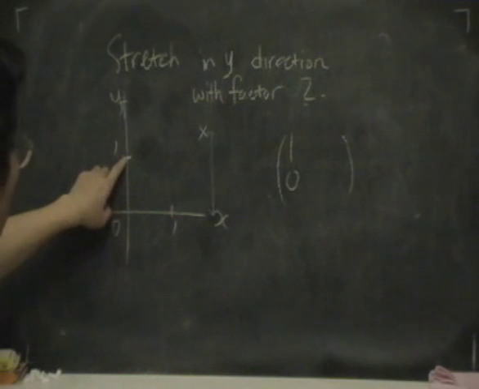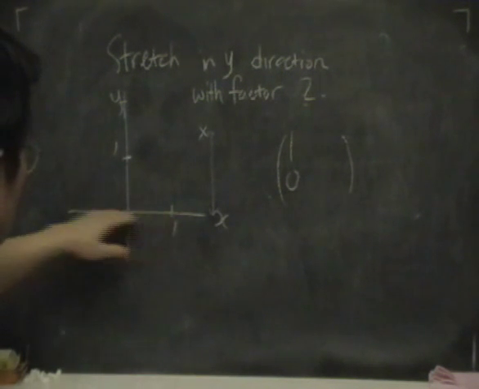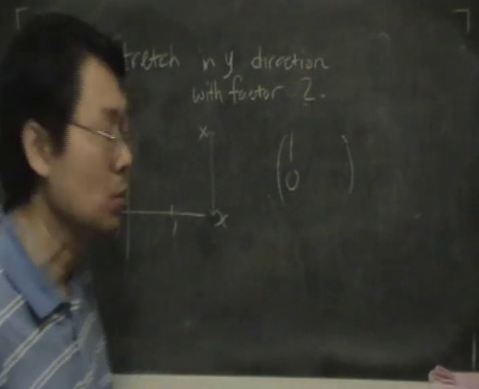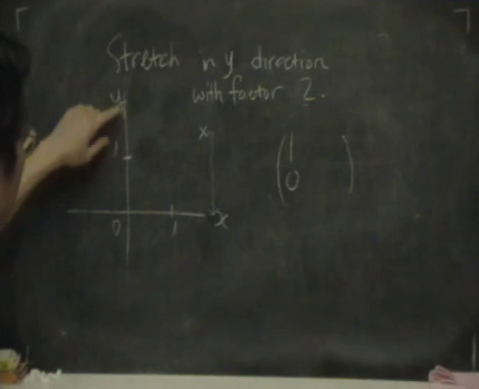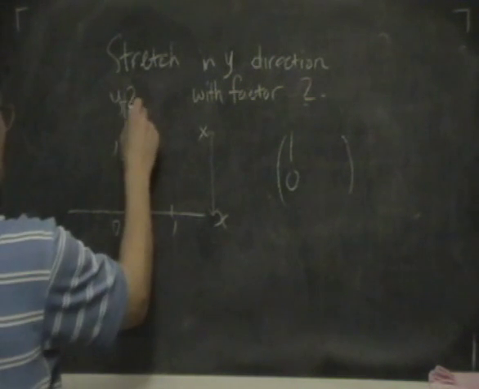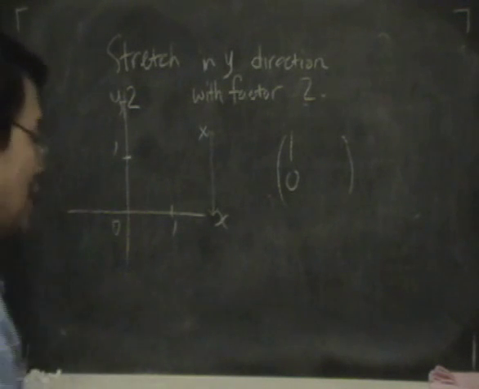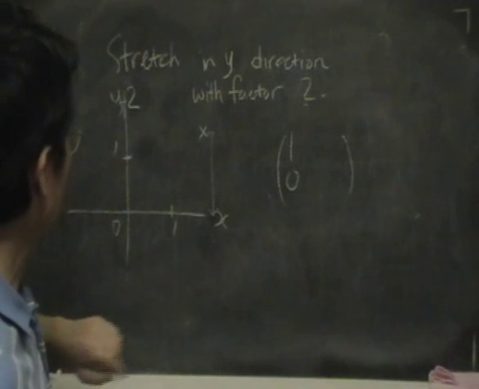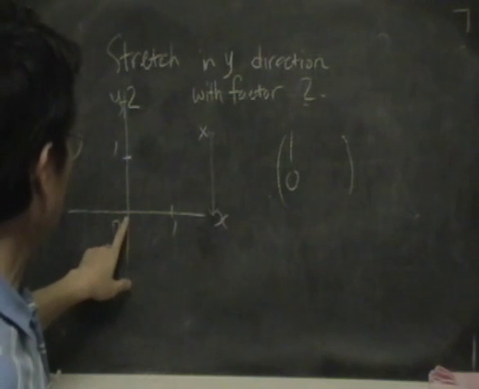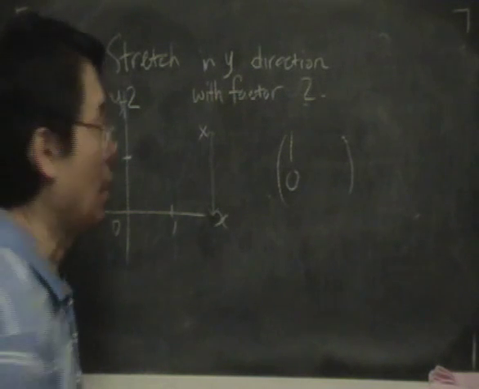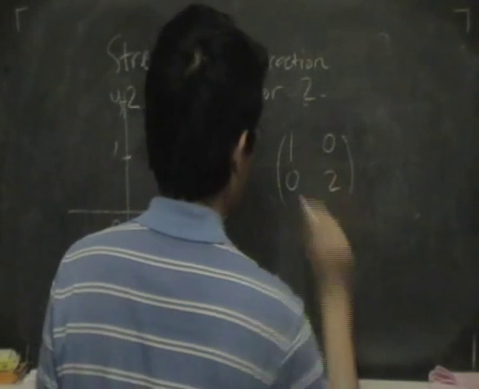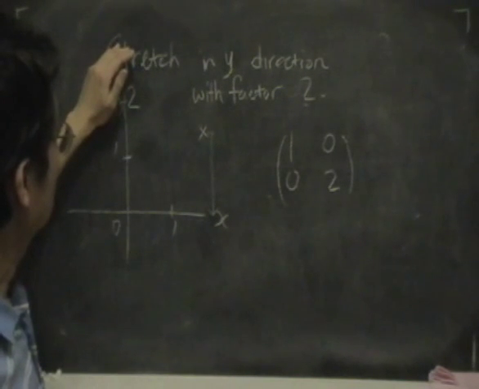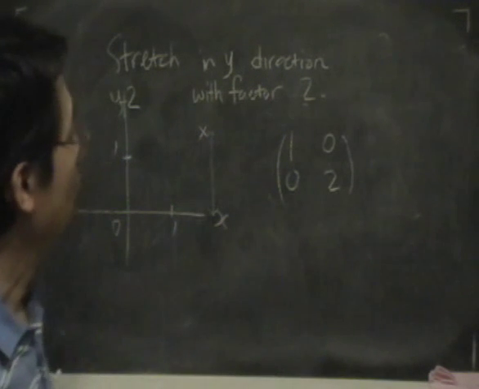The distance of this point from the x-axis is 1, and 1 times the factor 2 is 2. So this point moves until it is at a distance of 2 from the x-axis. Its position is (0, 2), and this gives the second column. So that's my stretch matrix for a stretch in the y direction with a factor 2.